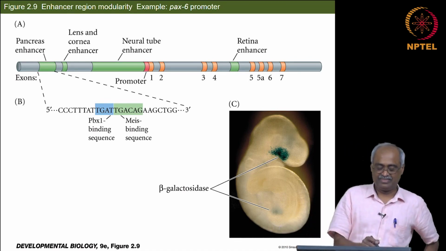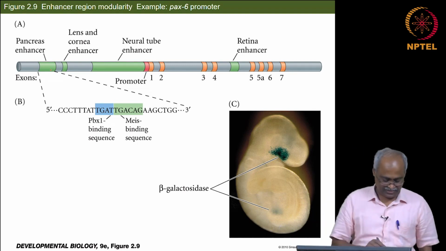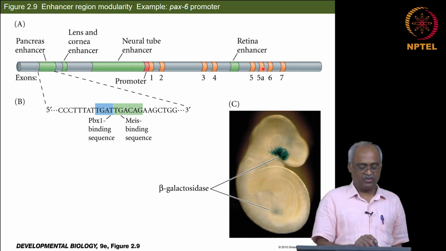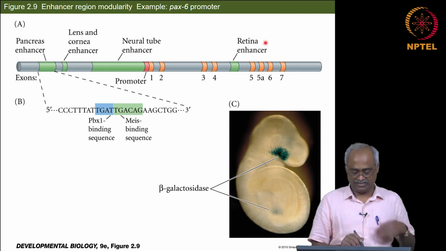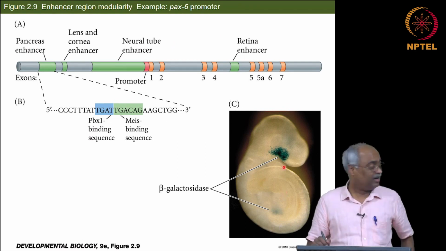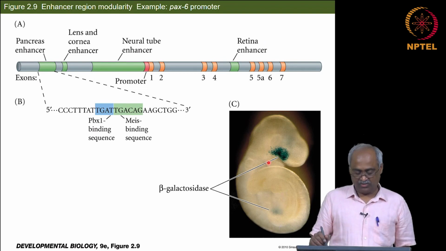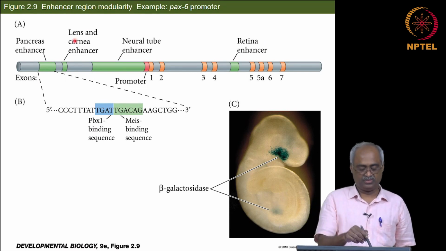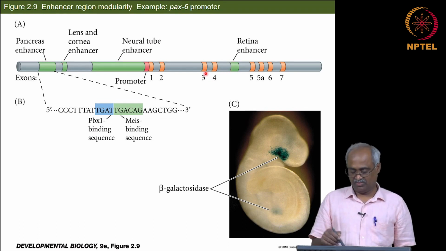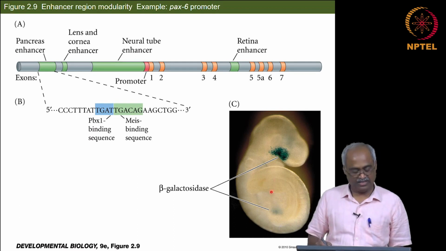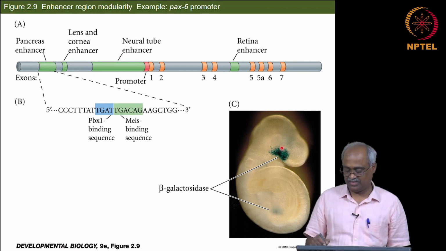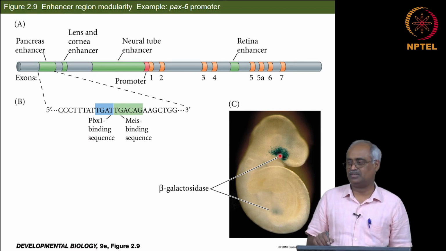So now we are revisiting these different enhancers. Remember I told you each one seems to give a particular tissue specific expression. So that is being tested here in this particular image, where you are only taking a part of it, like you are taking these two enhancers and the rest are not there, but you have the LAGZ reporter here, and as a result you see expression in the pancreatic region as well as where the eye is developing, lens and cornea, only there.